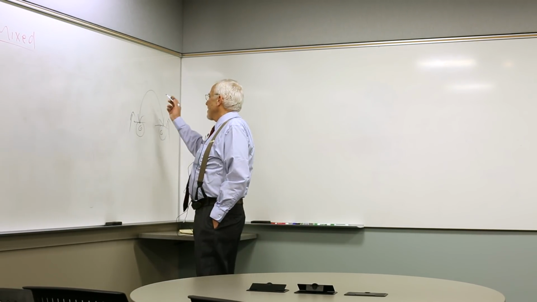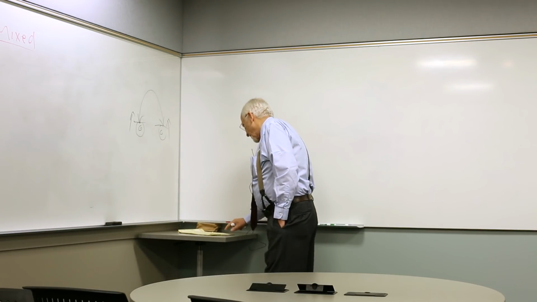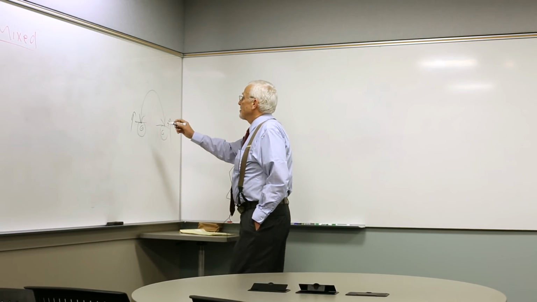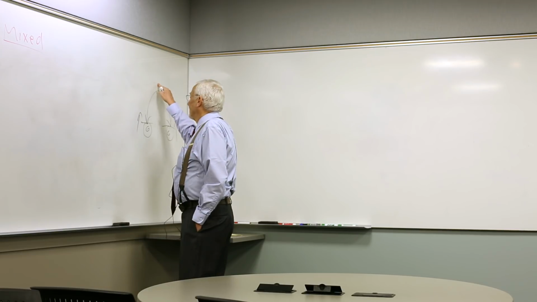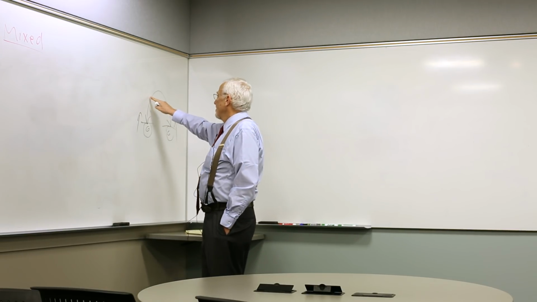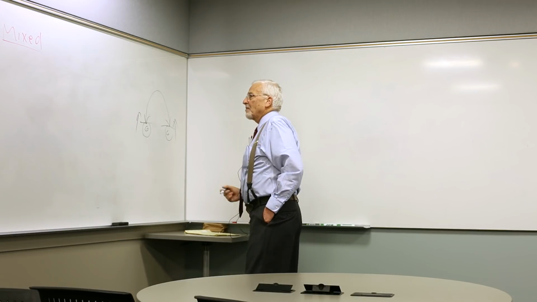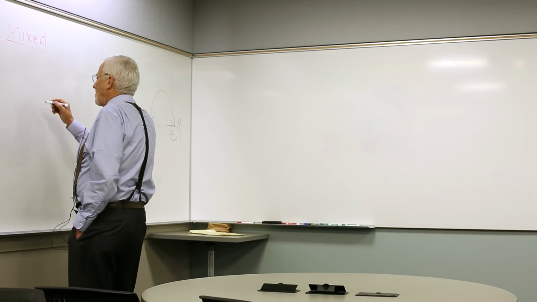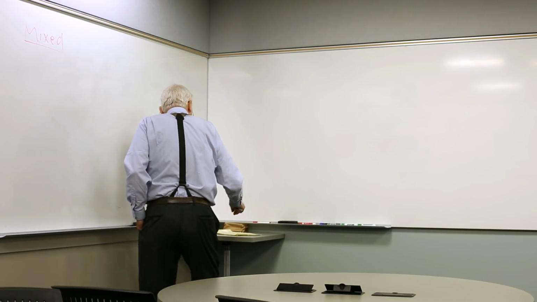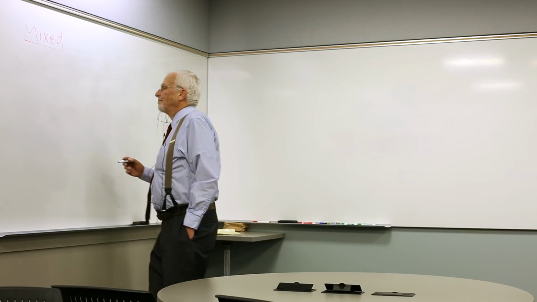So this is the space that we have. This space must accommodate the incisors, the canines, and the bicuspids. Let me make sure I get this right.